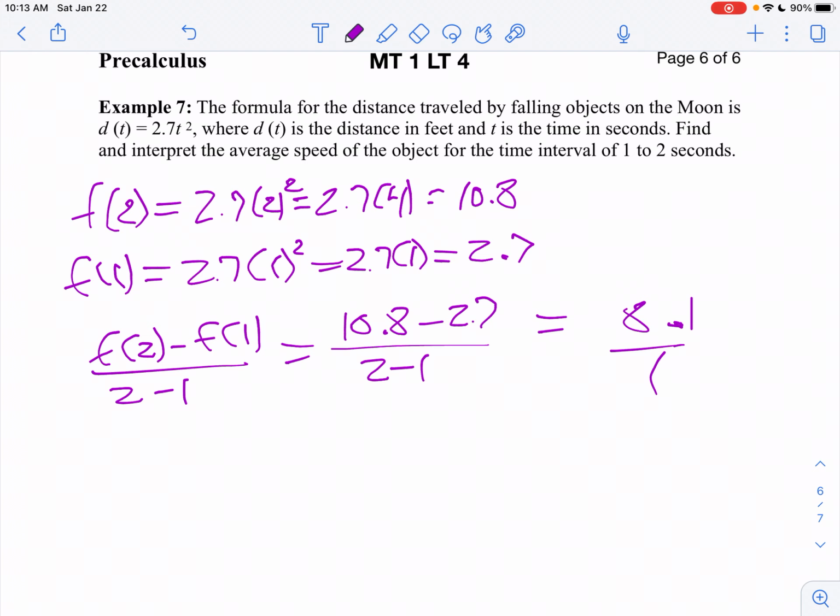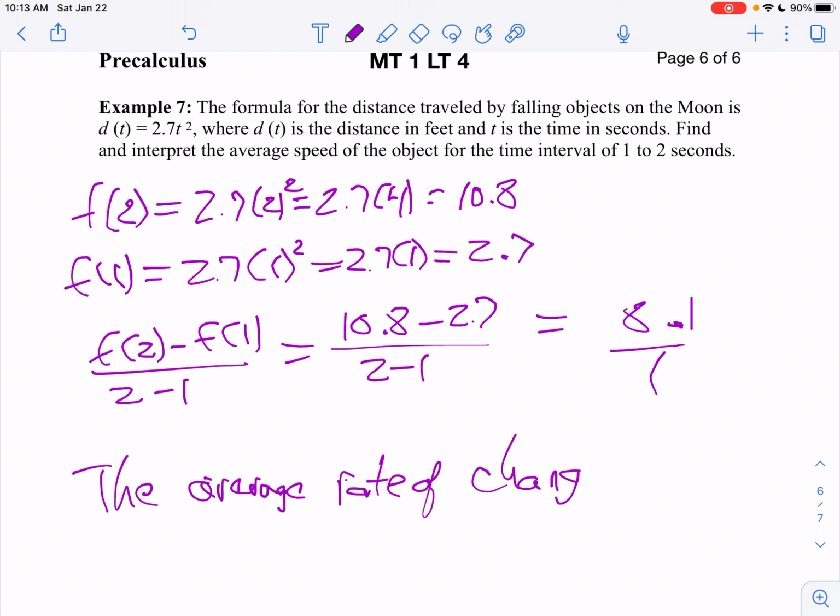So I would say the average distance traveled, because we're finding rate of change, is 8.1, and I'm going to rewrite that, 8.1 feet per second, because I have to include my units. That's the important thing. 8.1 feet per second.